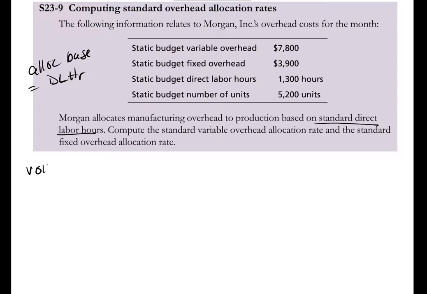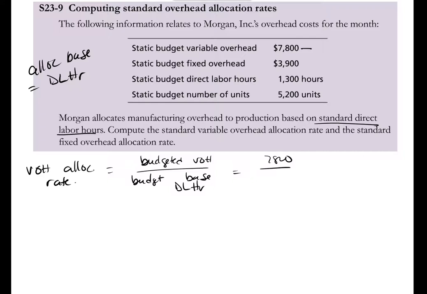So the variable overhead allocation rate is going to be the budgeted variable overhead divided by the budgeted allocation base, which in this case is direct labor hours. So they are anticipating 7,800 in variable overhead as a total, and they're anticipating 1,300 direct labor hours. So that gives us a rate of $6 per direct labor hour is the allocation rate for variable overhead.